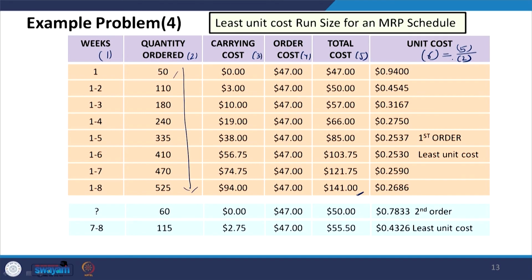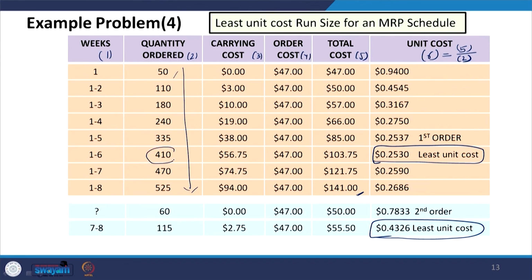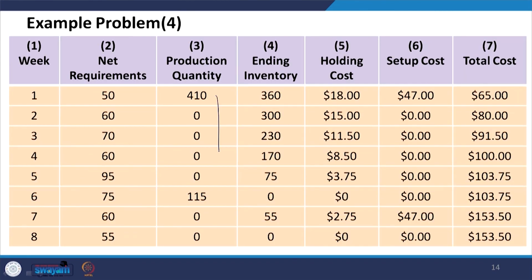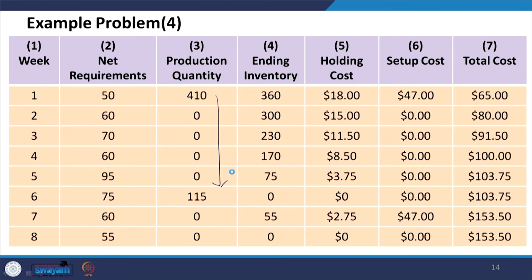Now, you see here the lowest cost is 0.2530, and therefore for the remaining two periods I am calculating this, and then I am getting this least cost. Therefore, for the first time I will order 410 units, and then I will order 115 units, and it will go like this.